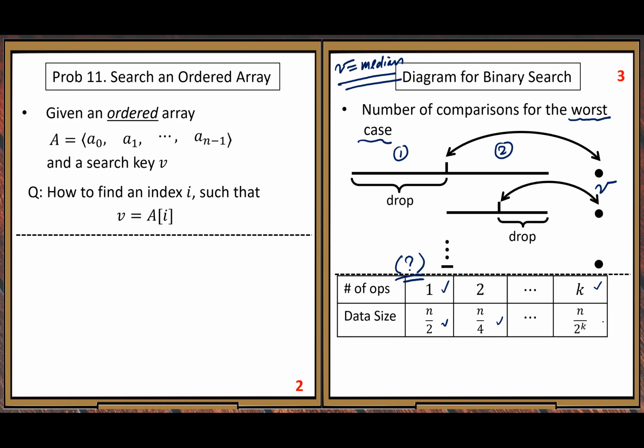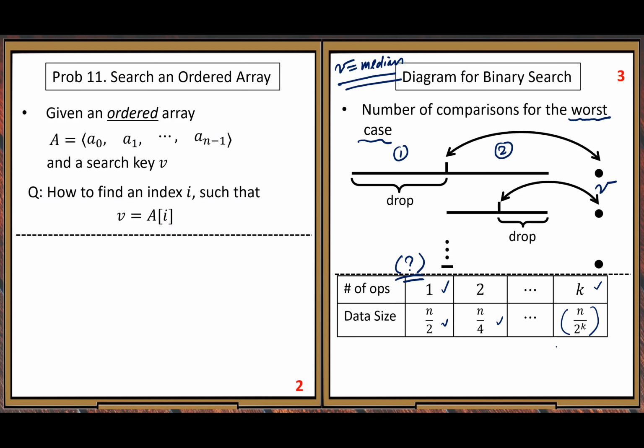After k comparisons, the data size to be considered becomes m over 2 to the kth power. So you can see the data size is reduced quickly. Every time divided by 2, cut it in 1/2. So this reduction is pretty fast.